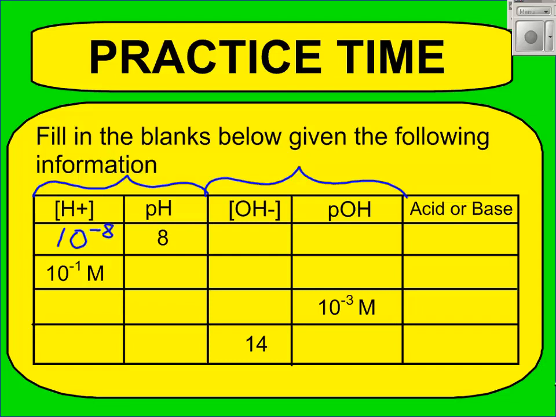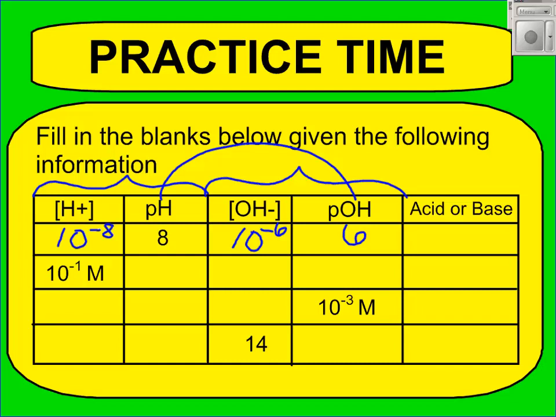If I know the pH is 8, remember, pH and pOH together must equal 14. So 8 plus what would give you 14? The answer to that is 6. And if my pOH is 6, then my hydroxide concentration, which goes together with the pOH, is 10 to the negative 6.